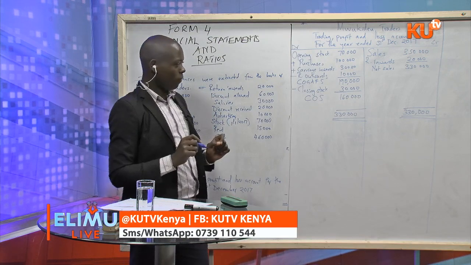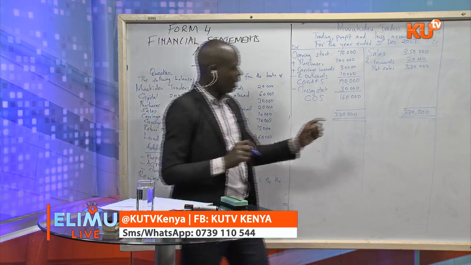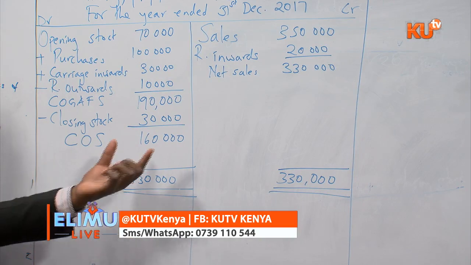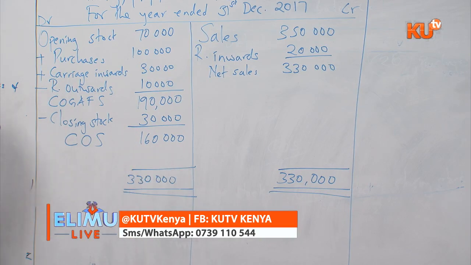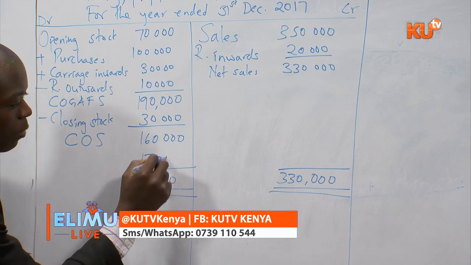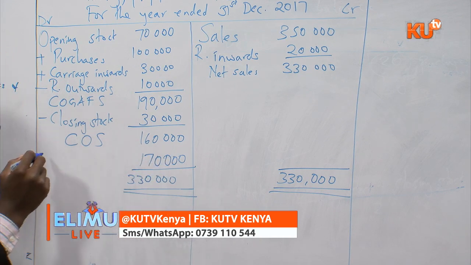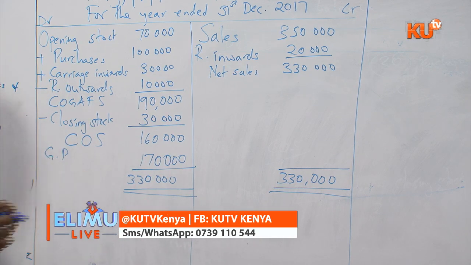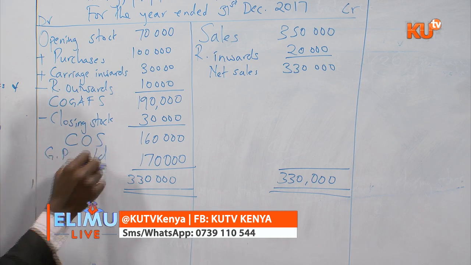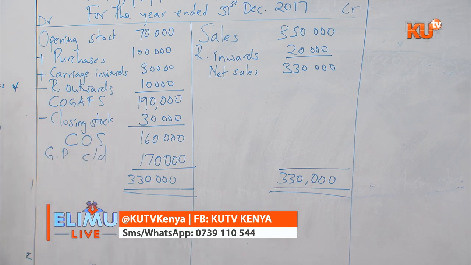So what is gross profit in this case? It is simply 330,000 minus 160,000 to get 170,000. So we write 170,000 and this becomes our gross profit. Because it's the balancing figure, we call it gross profit carried down. Now that is the end of the trading part.